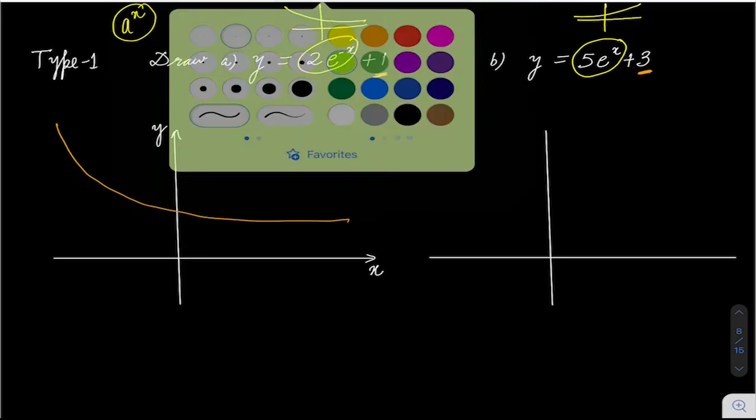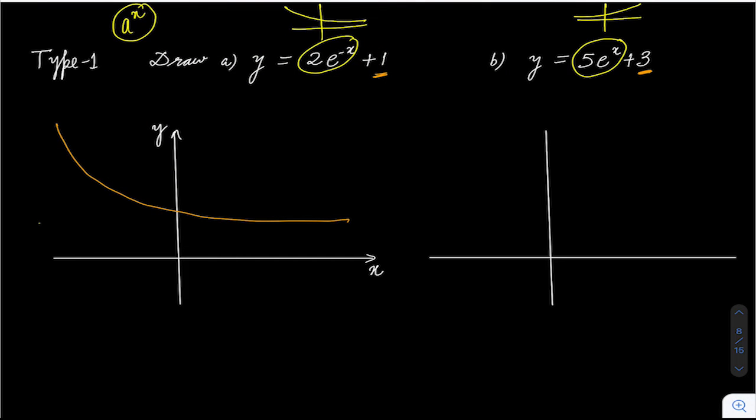And we know this line will be my asymptote, that is y equals 1, because earlier x-axis, that is y equal to 0, was the asymptote, but now we have shifted the graph by 1 unit, so this will be my asymptote for the graph.